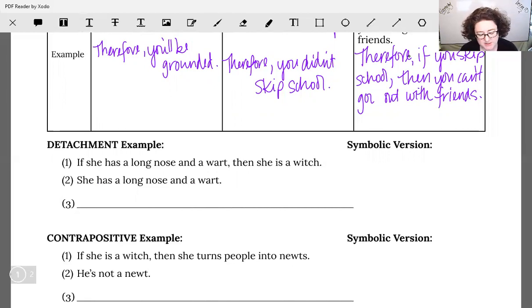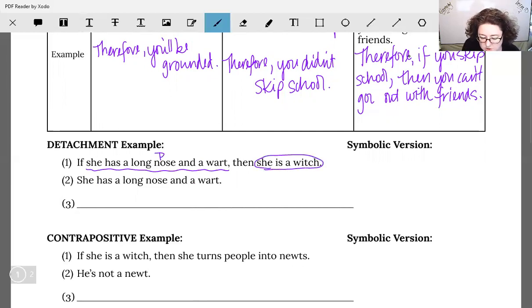So our detachment example, you notice I've given you two statements and then we're going to write down the conclusion. So if she has a long nose and a wart, then she is a witch. So we're going to identify which pieces, and this is where translating this back into symbols is extremely helpful. If she has a long nose and a wart, that entire piece is our hypothesis.